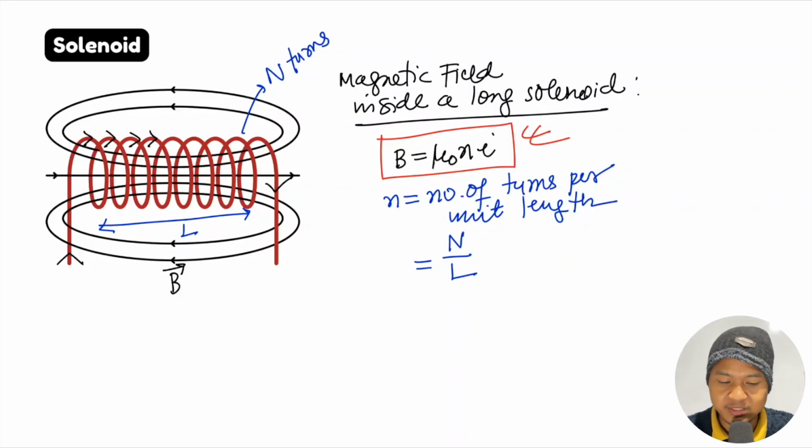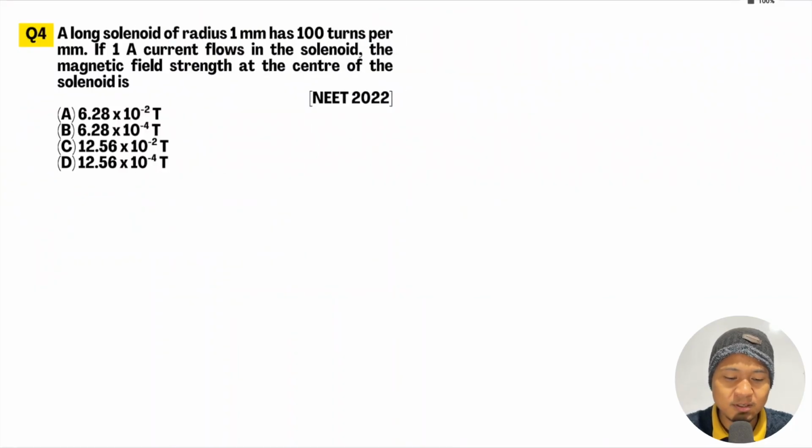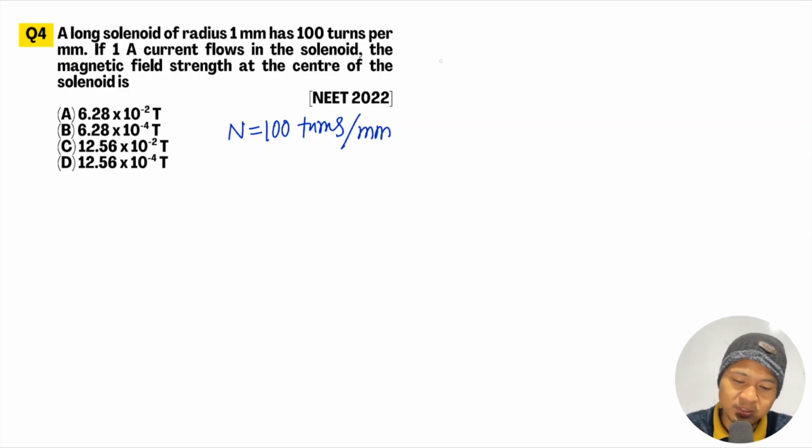A long solenoid of radius has 100 turns per mm. Now in the question, the unit is millimeter, but for SI units we have to convert this into meter.